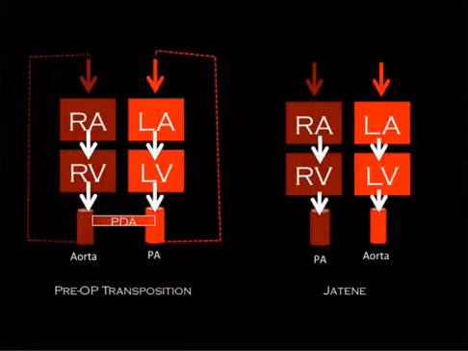It's not going to utilize a baffle, and is instead essentially going to cut the coronaries out with a button of tissue, and then they're literally going to switch the trunk of the PA and the aorta, just switch them.